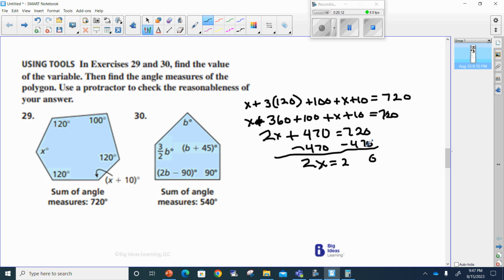And this will leave me with, I believe, 5. So it's like 250. I'm going to have to divide this by 2 to get x by itself, which means I'll divide this side by 2. 250 divided by 2 is going to give me 125, which means x is equal to 125.